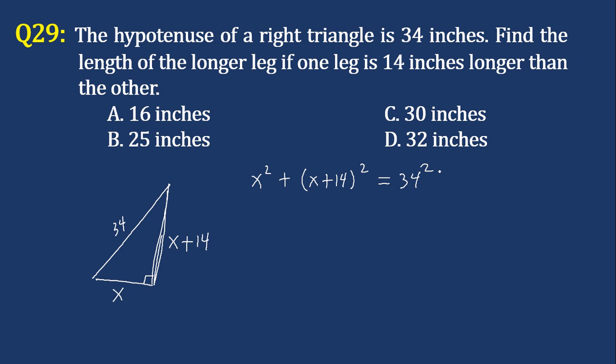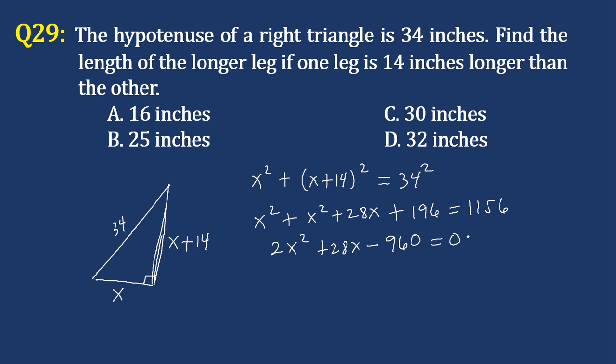The result is x squared plus 28x plus 196 equals 1156. Now let's combine like terms. This is 2x squared plus 28x. If we subtract 1156, we get negative 960.